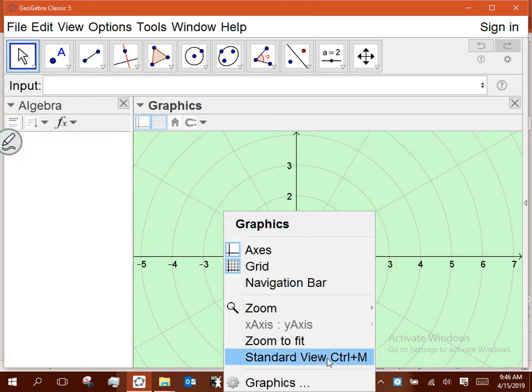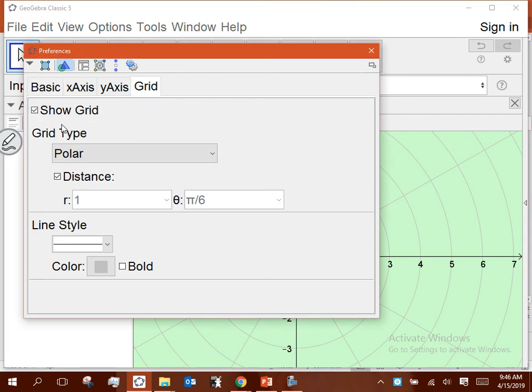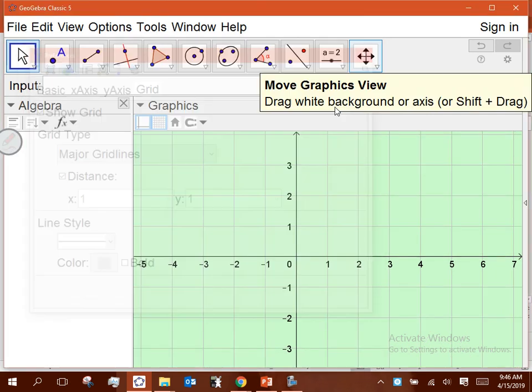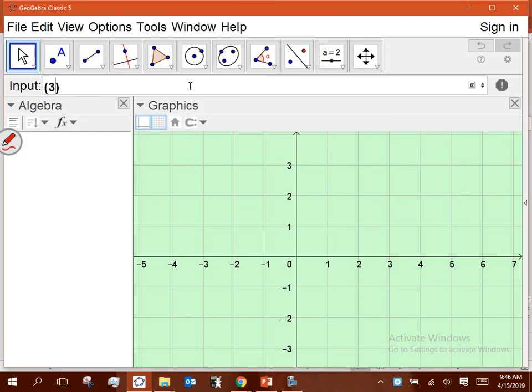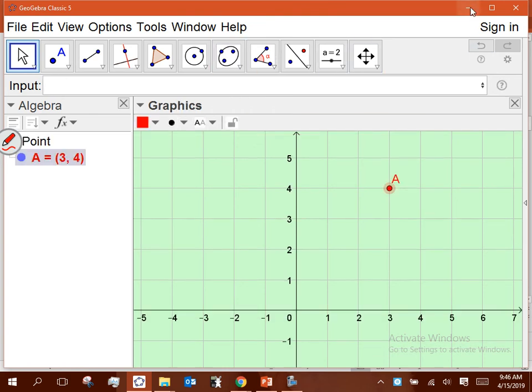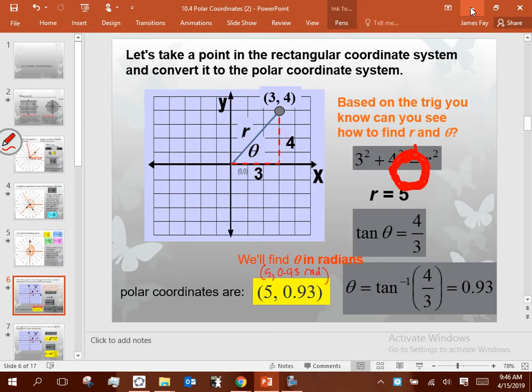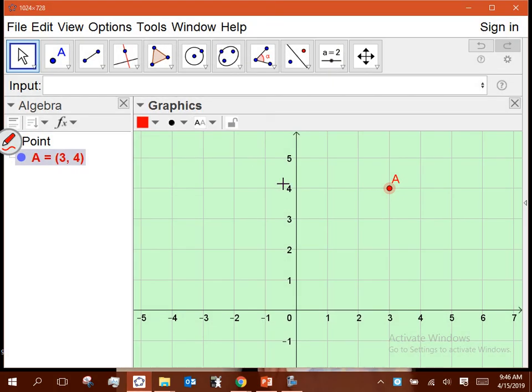so we started, I'll just put the grid back as this one. We started with the point. Was it 3, 4? Or was it 4, 3? 3, 4? Okay. So 3, 4, we got that point right there, right? We just found that we're going to rewrite it as 5, now, it was 0.93, but that's rounded.